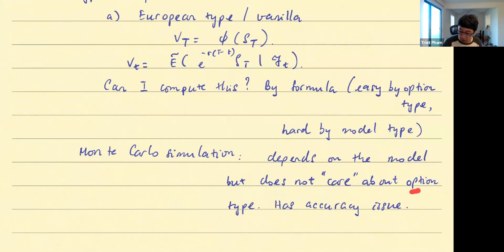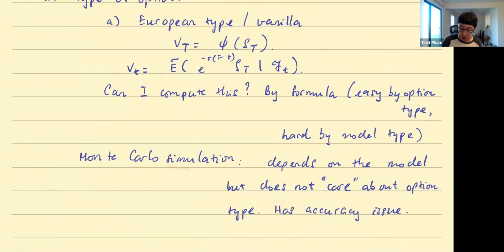But of course, the option type will influence how accurate the Monte Carlo is. And actually, even with vanilla options, you see that Monte Carlo simulation may not be accurate enough for us to even do the Greeks.